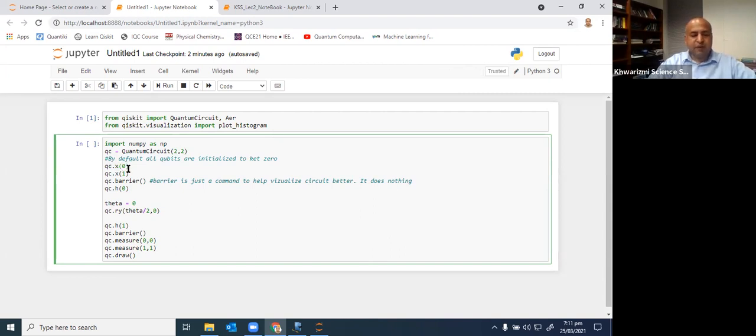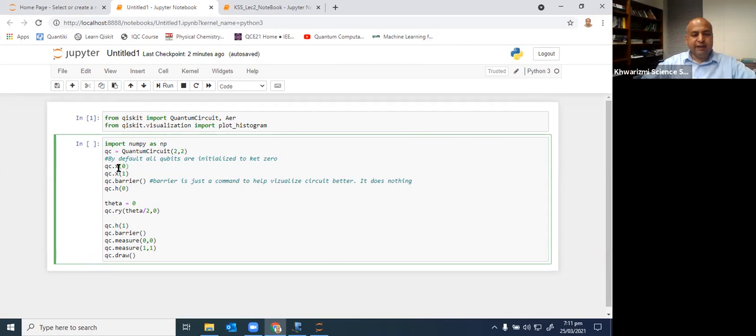First of all, remember Python is an object-oriented language. So almost everything is an object in Python. So when we have to perform an operation, whatever the thing that we are performing the operation on, for example, this QC is a quantum circuit. This is an object that I'm performing the operation on. So I will have to specify that object QC, and with a dot, I will write the operation afterward.